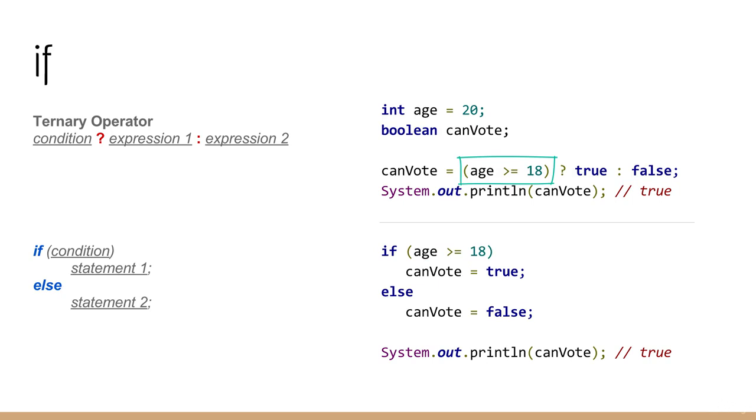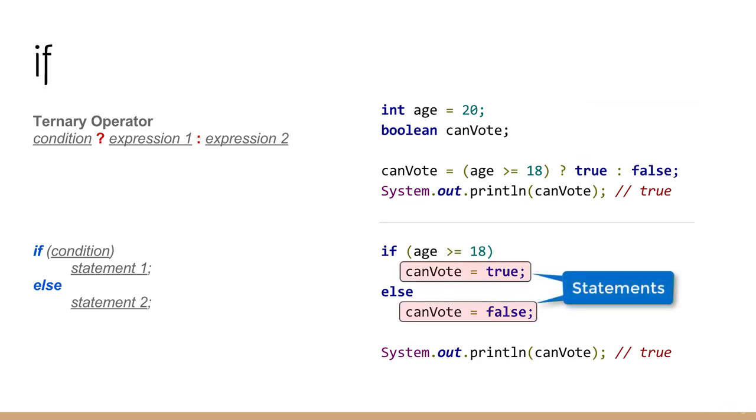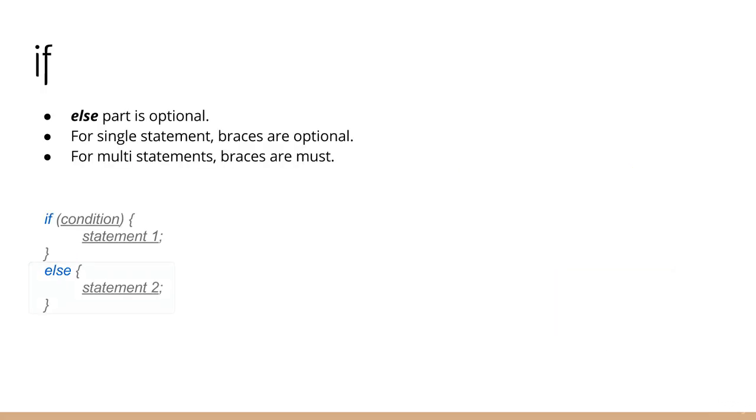Parentheses in the condition section of a ternary operator are optional, whereas you have to write parentheses in an if statement. In the true or false sections of a ternary operator, we cannot write a complete statement, like assigning a variable. But in an if statement, we can do that. The else part is optional.